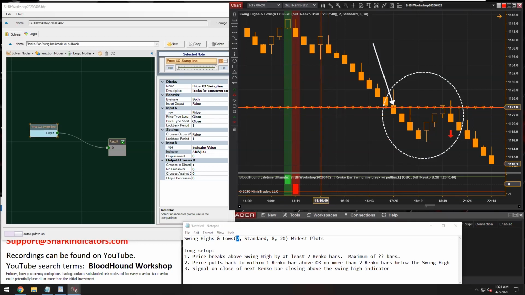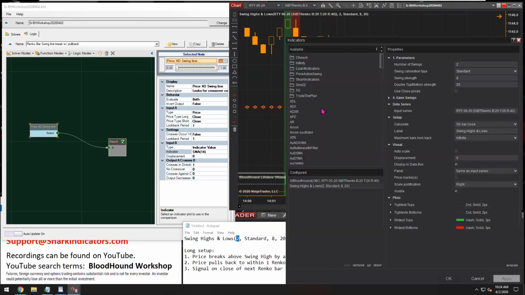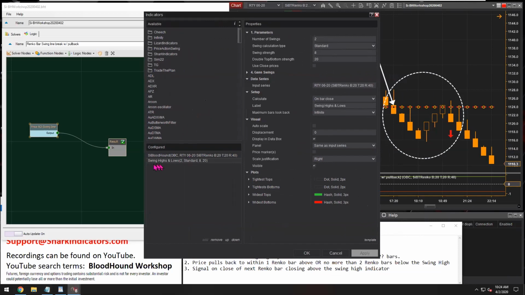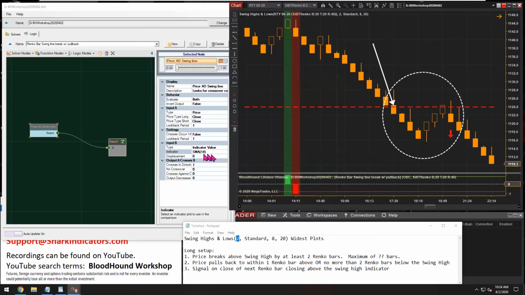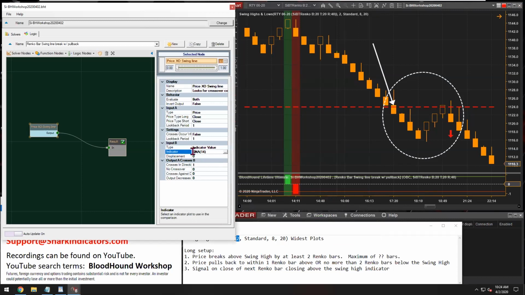So here, let's just go ahead and open this up so everybody can take a look. All right, so the swings, highs, and lows, the number of swings is 2, and the strength is 8. So he did adjust the settings here a little bit. So we need to use those same settings inside of BloodHound here.